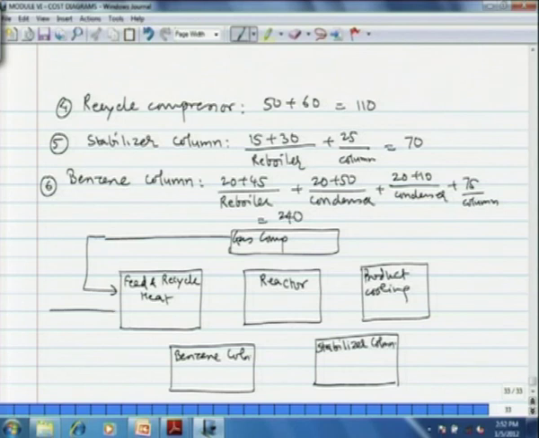We are now connecting these boxes. Each box indicates a particular operation. Now we have not been given any information about the cost of recycle and purge, so that is not indicated here.